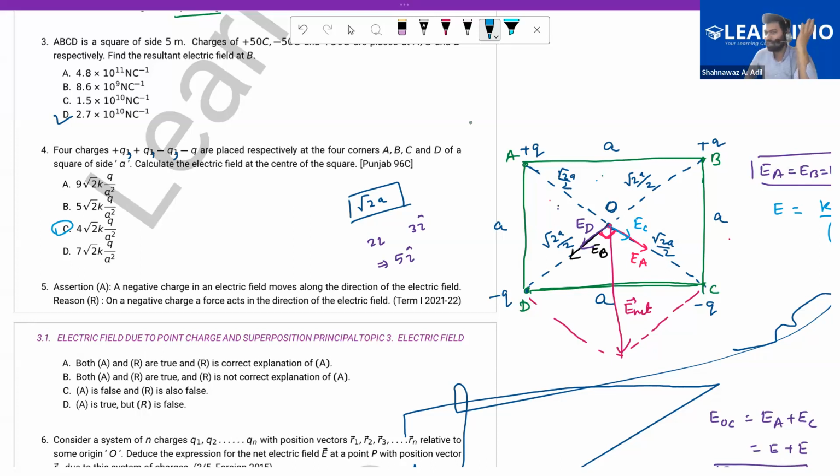Derivations are there, obviously, but these are the main type of questions that come. Whenever you feel that the derivation of dipoles is not clear, just tell me. Then I will derive those things, right? Okay, sir.